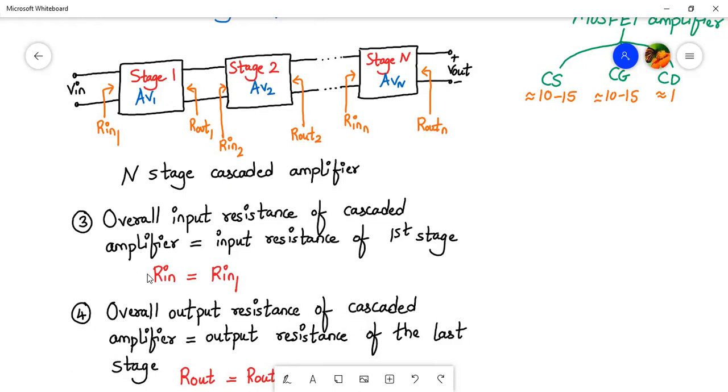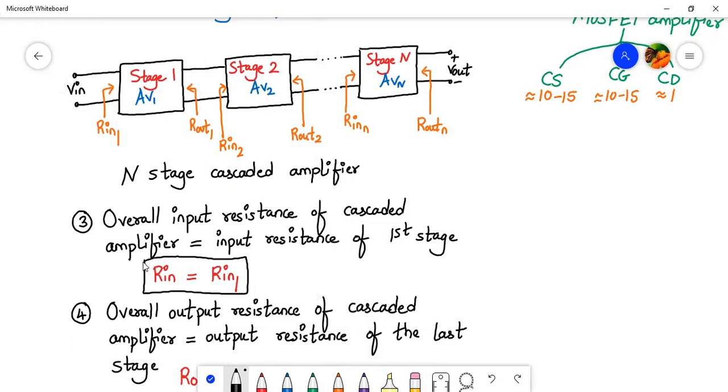The input resistance of the entire cascade will be Rin, which is equal to the input impedance of the first stage. So don't forget this rule. This is very, very important. Let me put it inside the box. This is the first concept which we have studied.